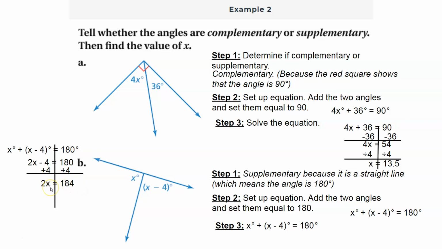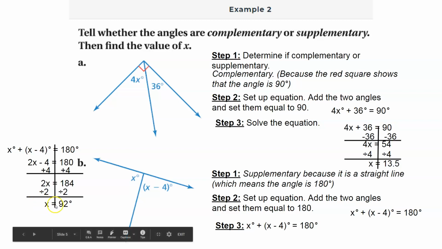Now, 2x is the same thing as 2 times x. So to move the 2 to the other side, we have to do the opposite of multiplication, which is division. So we will divide both sides by 2, and that will give us x is equal to 92.